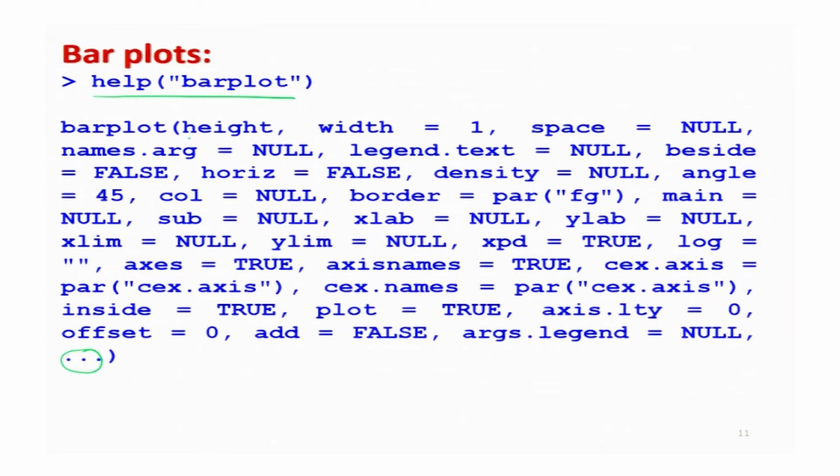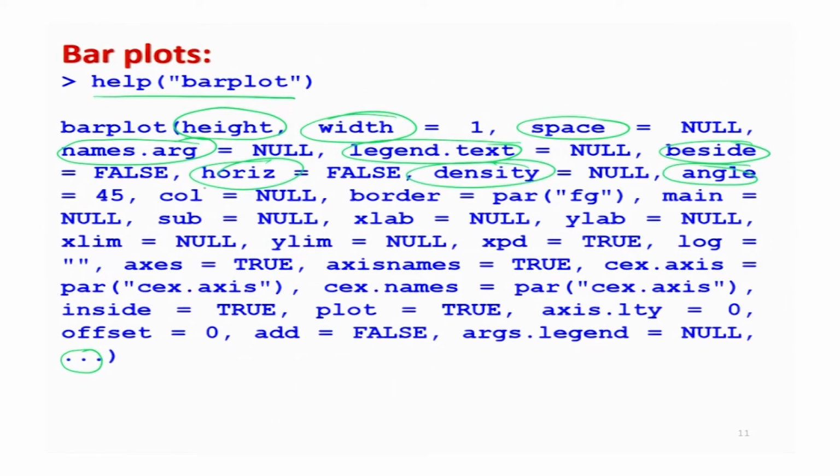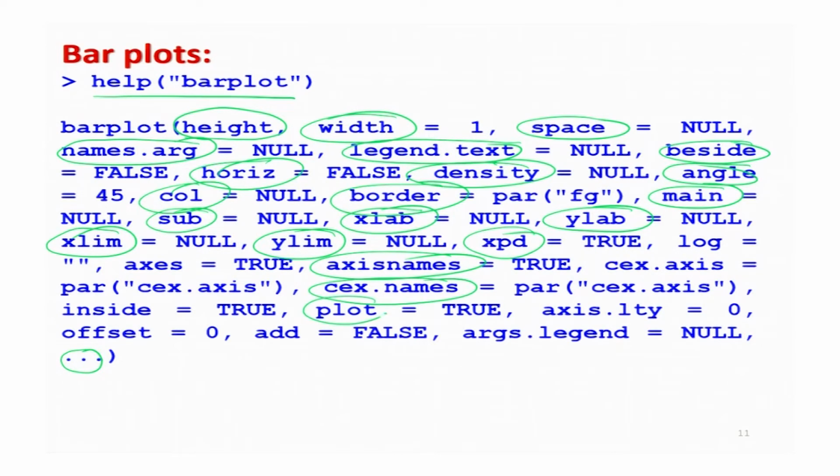You can give the data, control the width, control the space, give the names, control the legends, and control besides, horizontal, density, angle, color, border, main title, the subtitle, the label on the x-axis, the label on the y-axis, the limits on the x-axis, the limits on the y-axis, xpd, axis names, cex names, plot, etc.